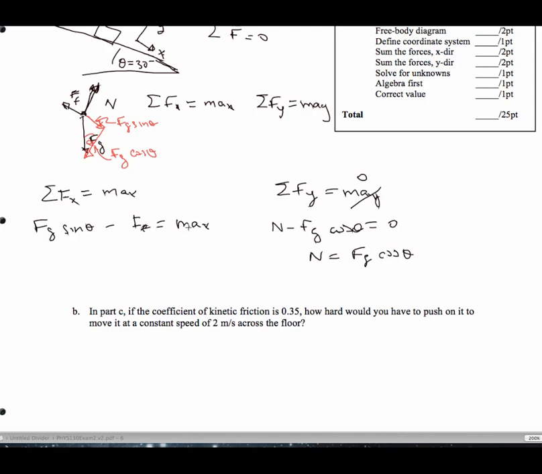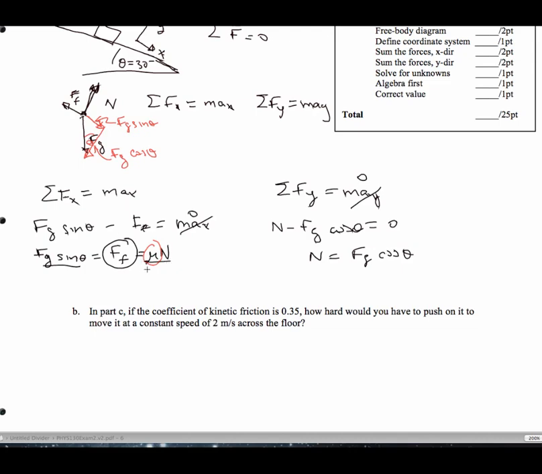Okay, so I said it's going to slide right as the acceleration is 0, right? Or just goes past 0. So we said that the acceleration is 0, we get Fg sine theta equals the force of friction. This I know is mu times the normal. So we're going to divide both sides by the normal to get mu by itself, because this is our unknown. This is what we're trying to solve for.